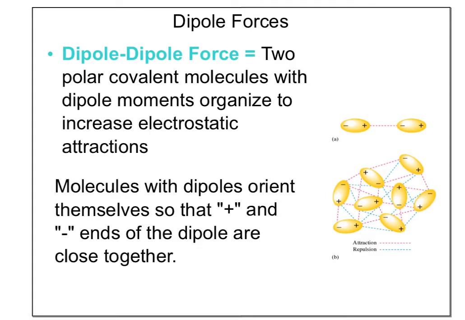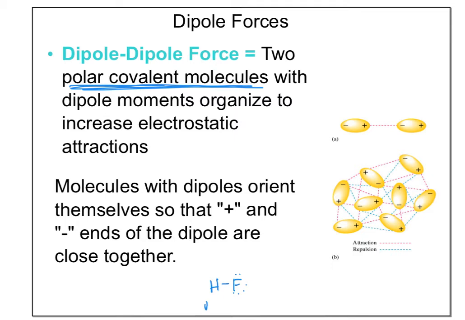All right, the next type of intermolecular force is called dipole-dipole forces, and this is now dealing with polar covalent molecules. So if I have polar covalent molecules, they're going to arrange themselves so that their partial positives and their partial negatives attract each other. So same idea. HF is a polar covalent molecule.